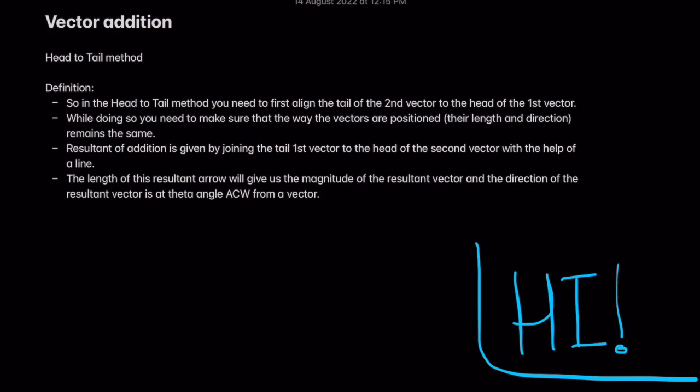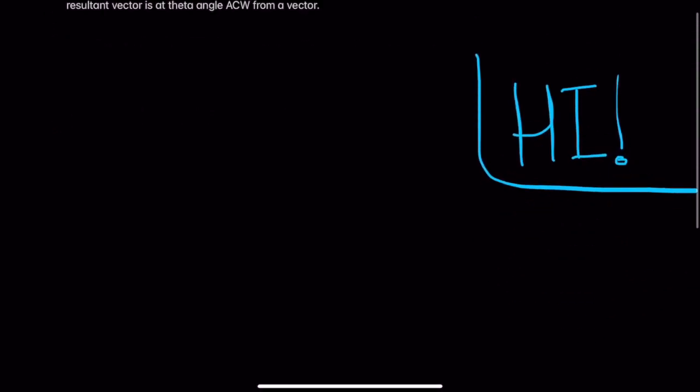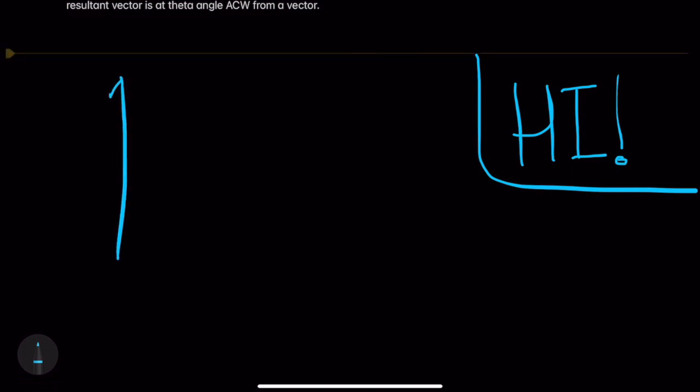So let me just explain this a bit. Supposing that you have a vector like this and another vector like this over here. To add these two vectors, you first align this vector. This is, supposing, the first vector, and this the second vector.